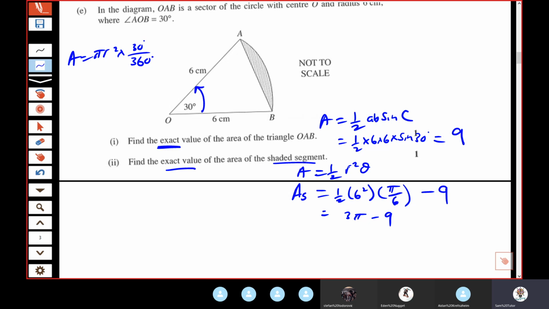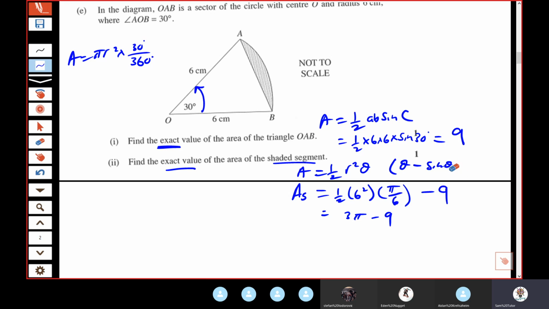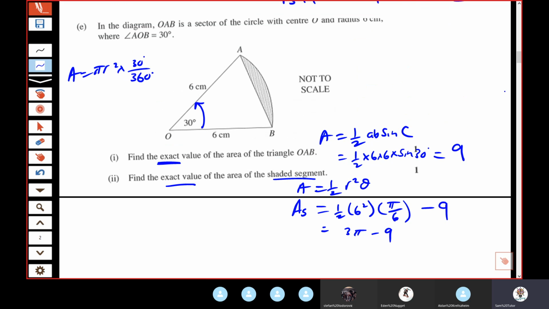There it is: half r squared in brackets, theta minus sine theta. There's your sine theta, it's already done. Same formula. Any questions?